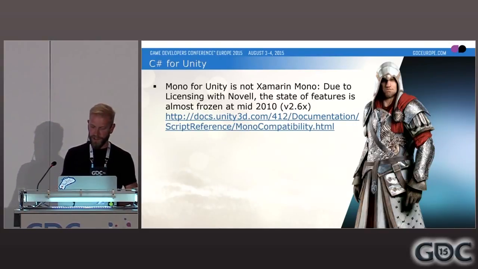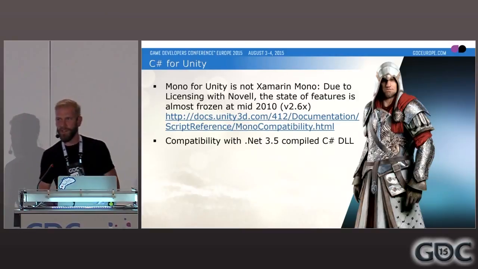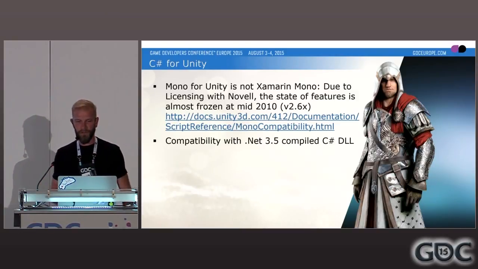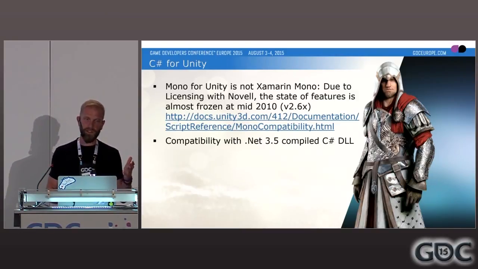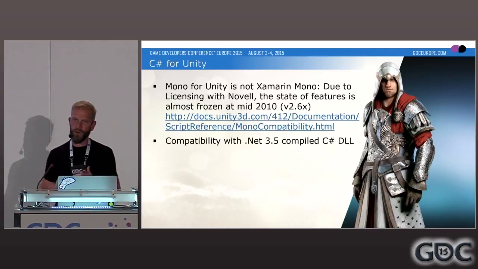Luckily, there's a good list of at least the top-level compatibility issues from Unity that you can just see in their documentation. Also, you are able to load .NET 3.5 C# DLLs, which means that you can create your code with Visual Studio, as we did, compile a DLL and use that DLL in separate Unity projects to share the code across.